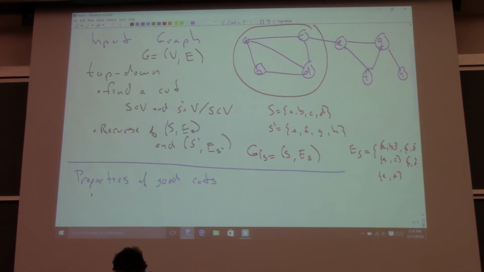One is that the cut between S and S prime is going to be small, and this is exactly just the number of edges where one vertex is in one side and the other vertex is in the other side. So this is the only edge in the cut.